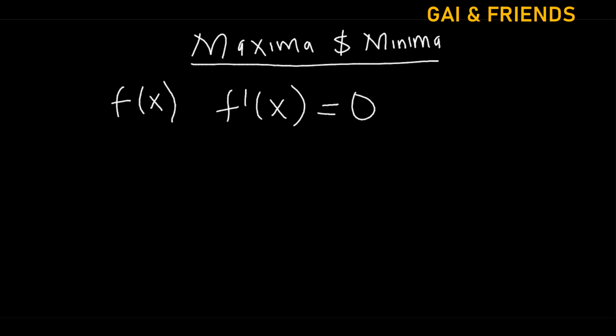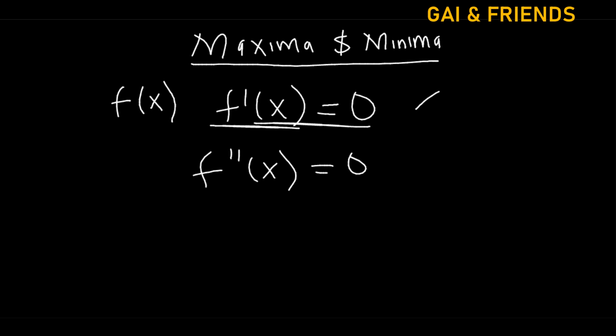The next step is to find the second derivative of your function. You equate it to 0 again, and then you plug in the critical points that you found in the first derivative. Say you found x is a and b, because in a quadratic you are always going to find two values of x.